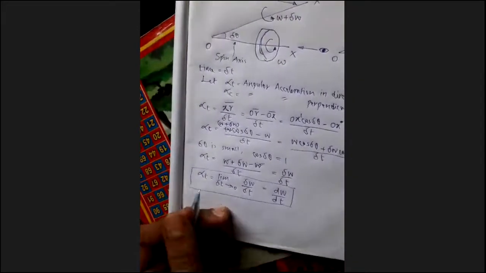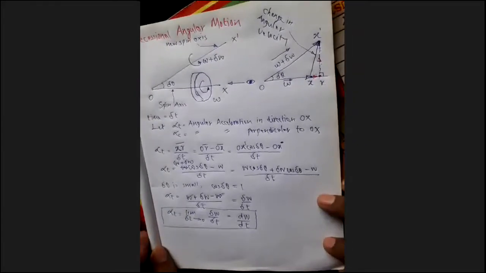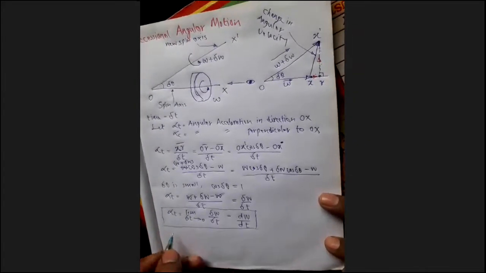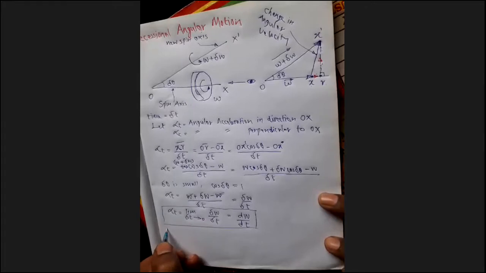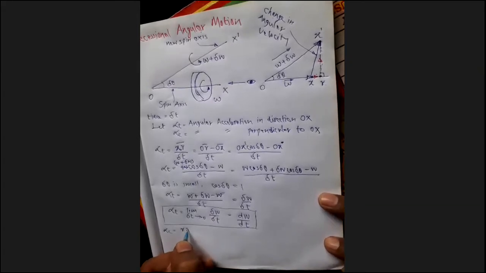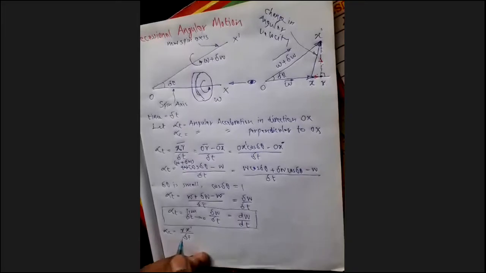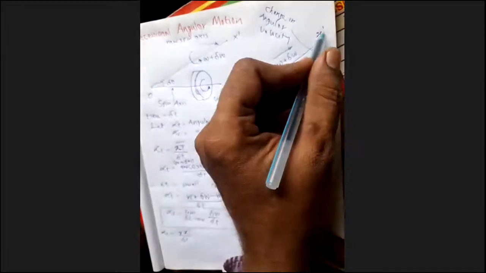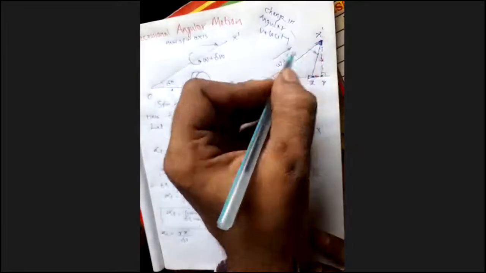So in order to find the expression for alpha c, I will consider vector Rx dash upon delta t. Now if you consider the triangle ORX dash, Rx dash is nothing but the sine component of vector OX dash.